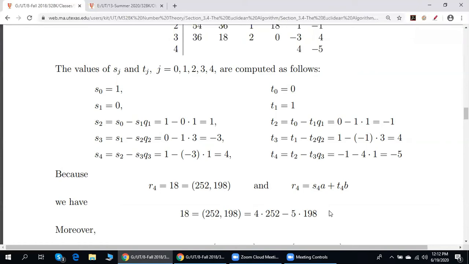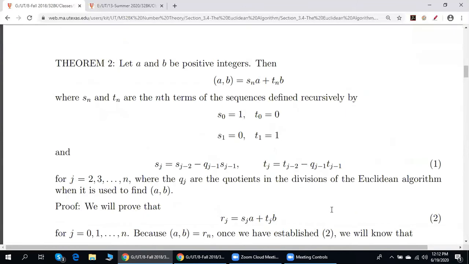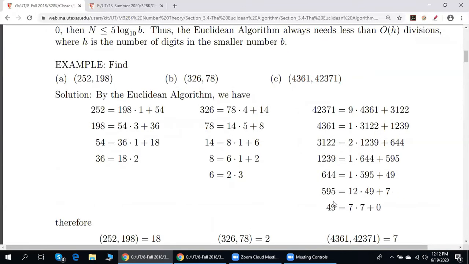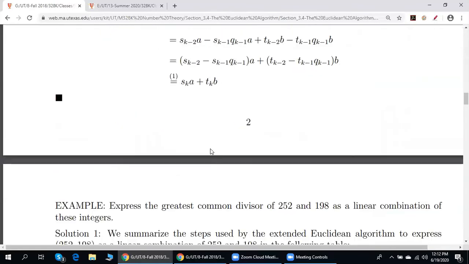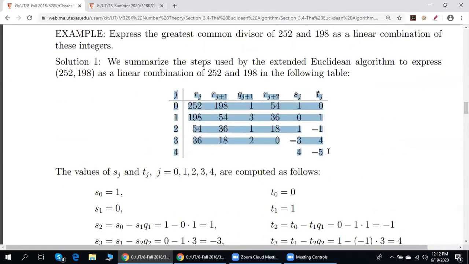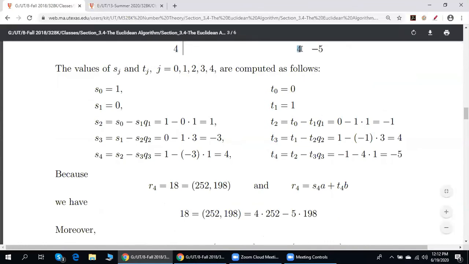Conclusion: if the only goal is to find the greatest common divisor, we apply the Euclidean algorithm. However, if we want to write the greatest common divisor as a linear combination of these two numbers, we apply this approach. M is 4, which is here, N is -5.